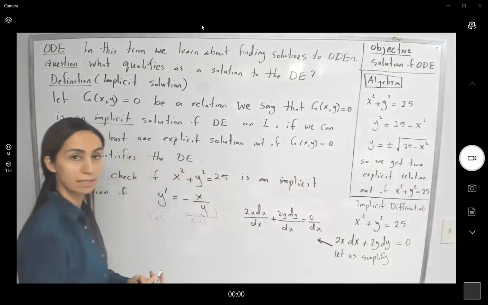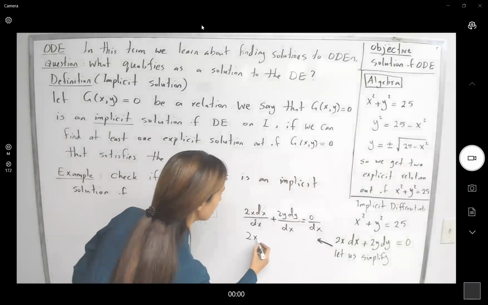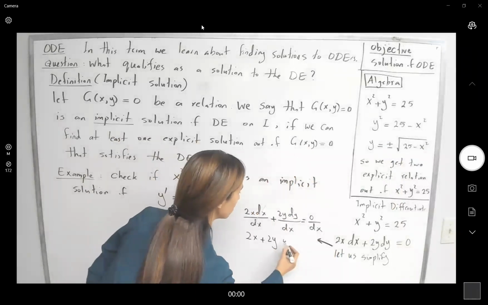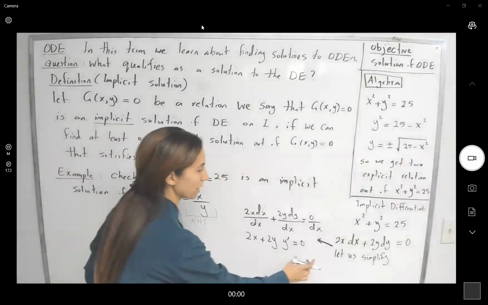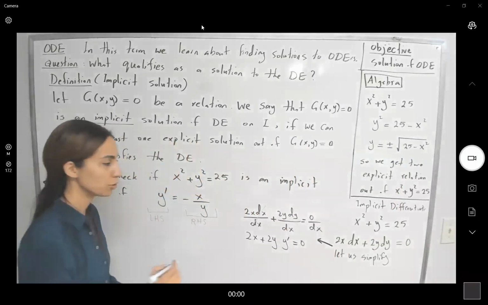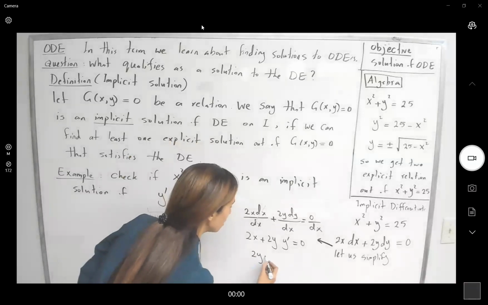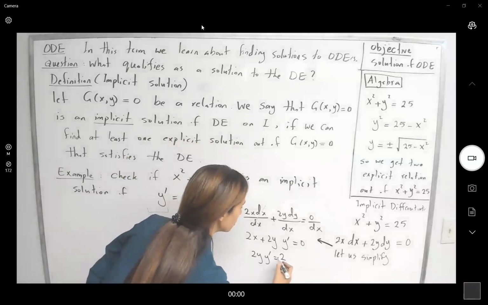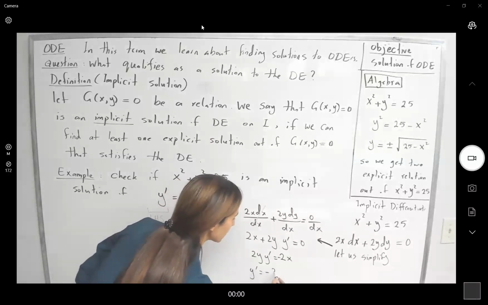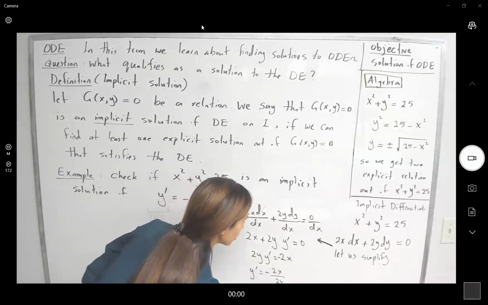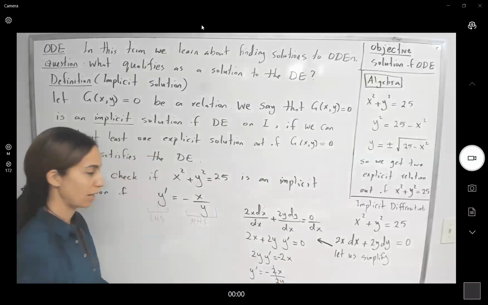dx and dx, they cancel out. You get 2x plus 2y y prime equal to 0. Now, if you bring 2x to the other side, divide by 2y, you get 2y y prime equals to negative 2x, or y prime equals to negative 2x divided by 2y. You can cancel out 2 and 2.